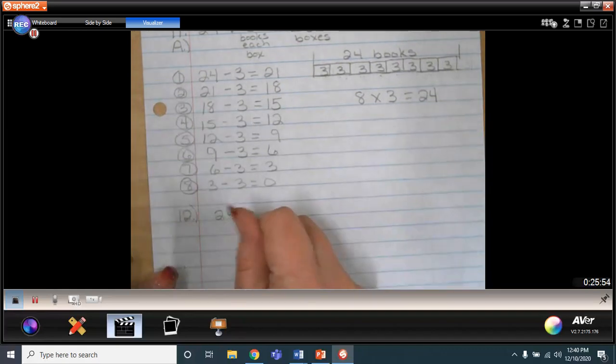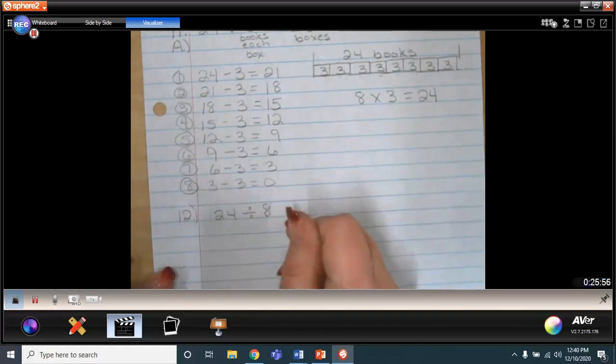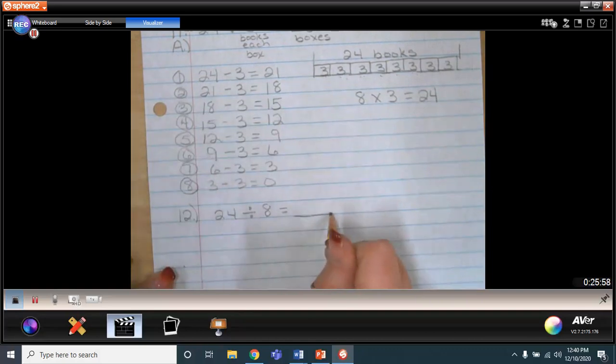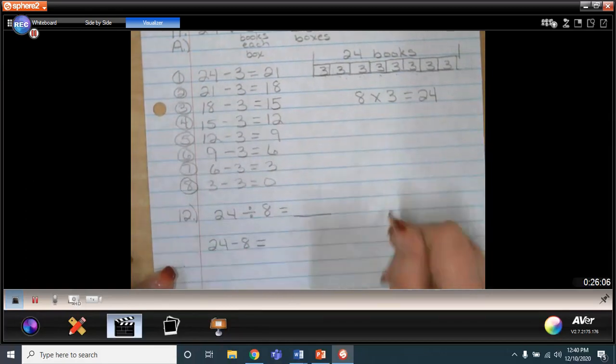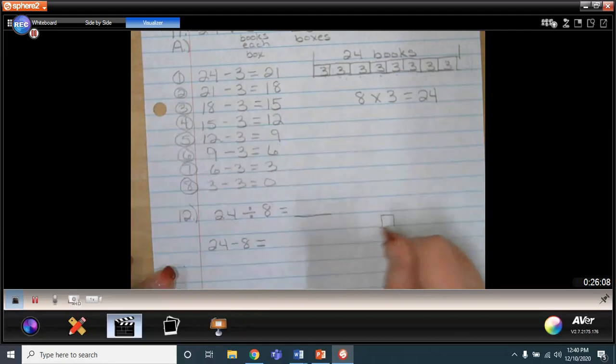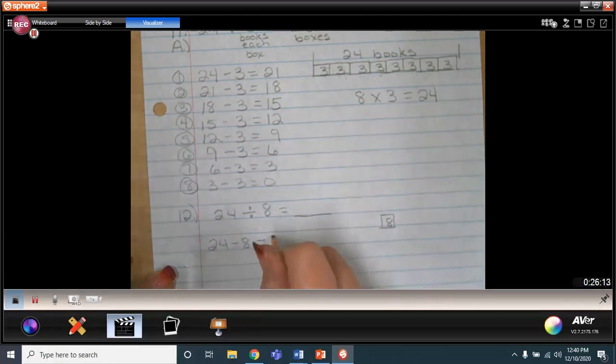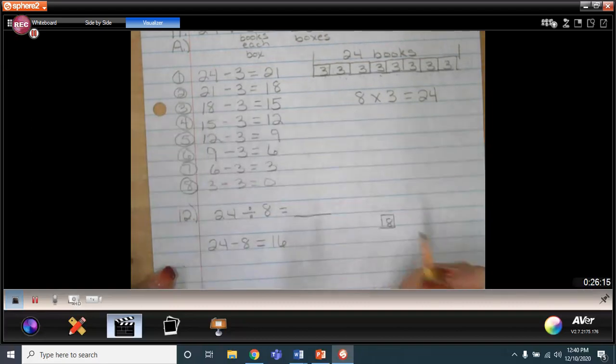And now we're putting 8 books in each box, and we want to know how many boxes there are. So we start with 24, take away 8. So here's a box. We put 8 books in it from the pile. Now we're left with 16.